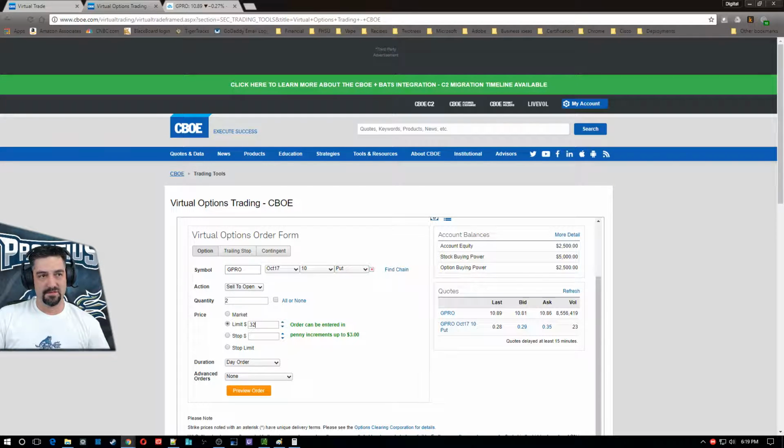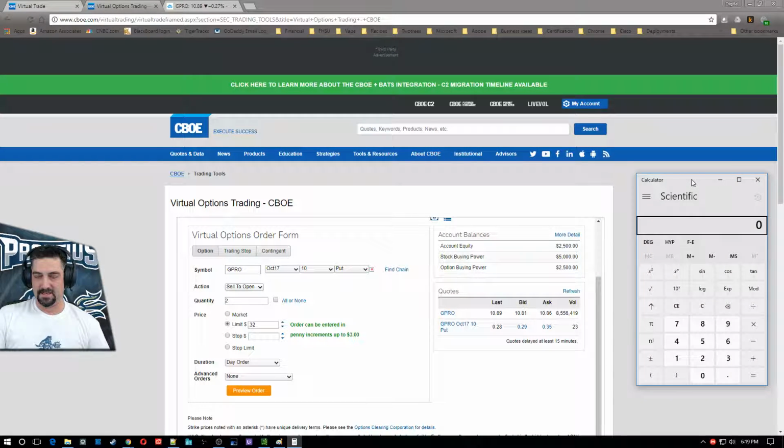Now, this price is price per share, and each contract is 100 shares. So we're looking at 32 cents times 100, $32 times 2 contracts, which is $64, minus our commissions and all that good stuff. Commissions usually aren't that much.